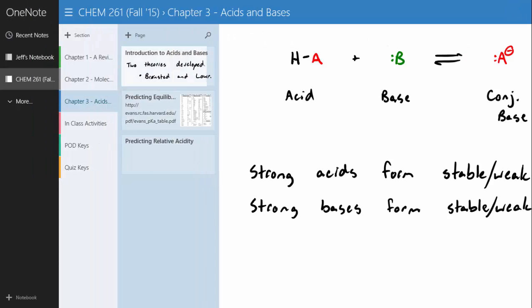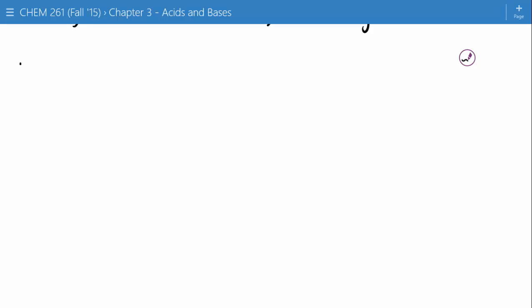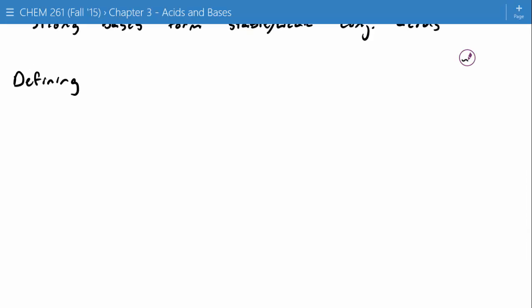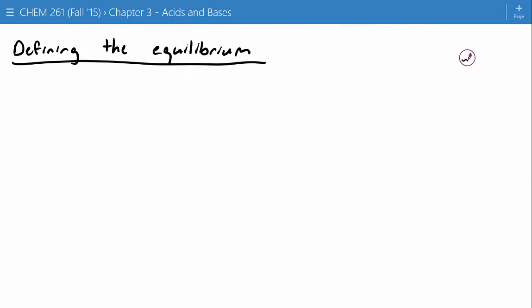So let's define our equilibrium. So let's rewrite this, and I'm going to write it instead using our generic acid HA, and we're going to put this into water.